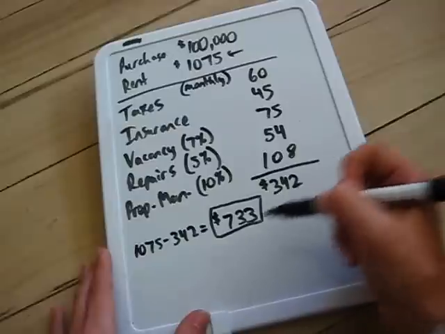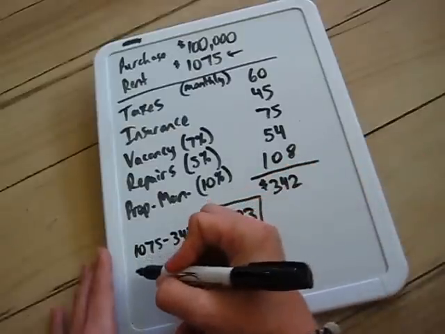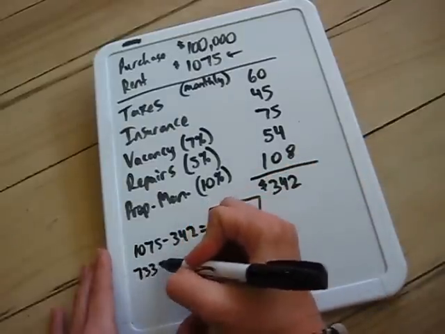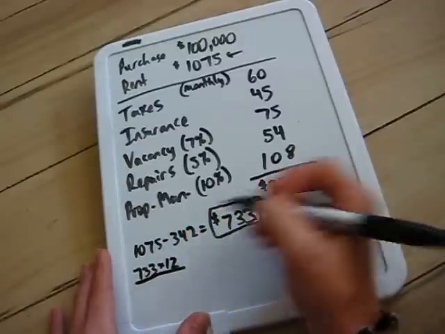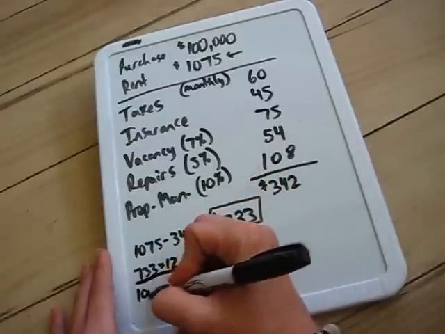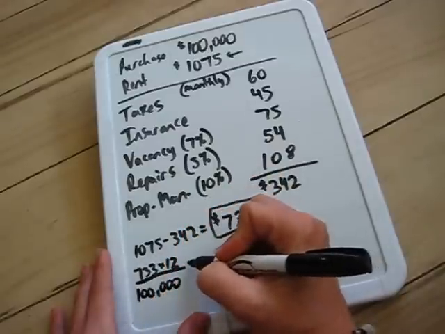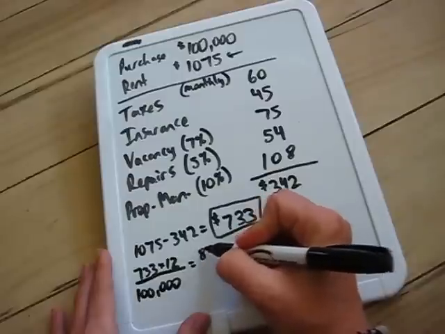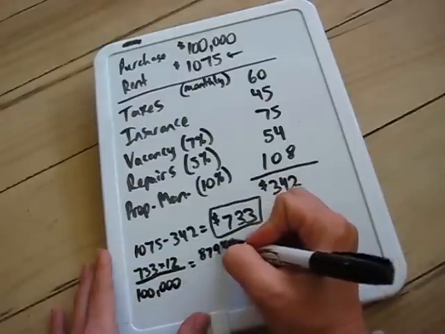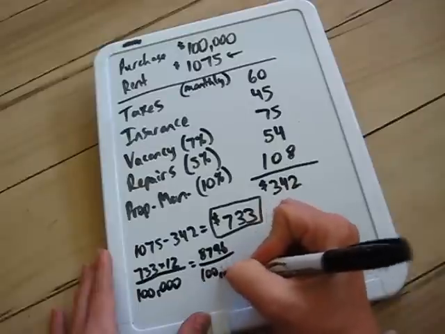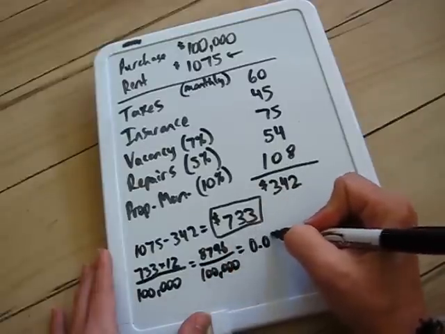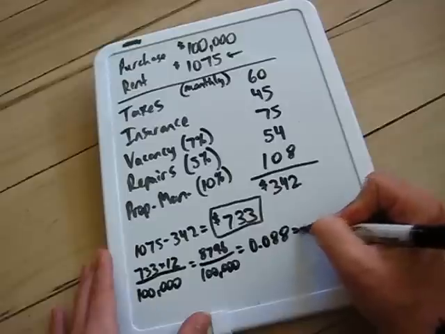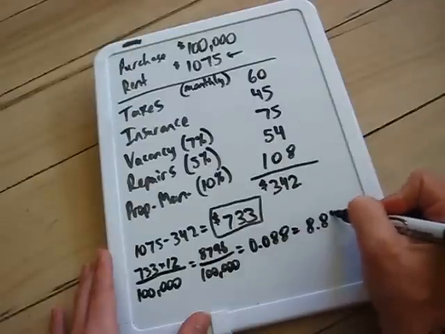Now, to calculate your cap rate, you are going to do $733 times 12 because you want it annually, and the total amount that you paid for this house was $100,000. So $8,796 divided by $100,000, you're going to get 0.088, which equals 8.8%.